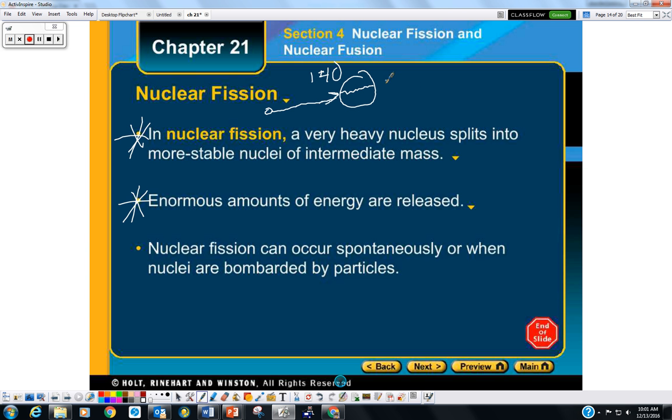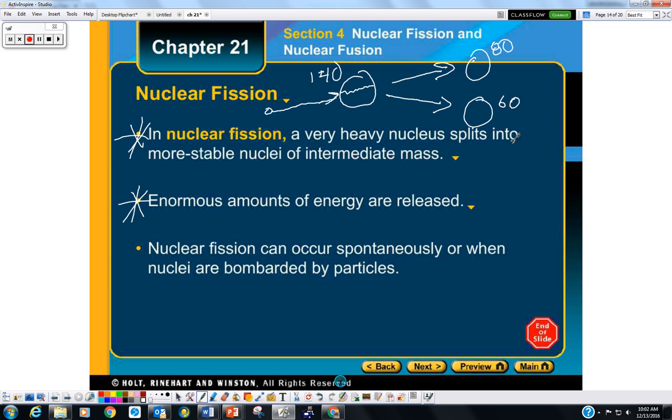When that nucleus fractures, let's just say that it splits into 2 different smaller nuclei, one with 80 and another with 60. It could be 70 and 70.